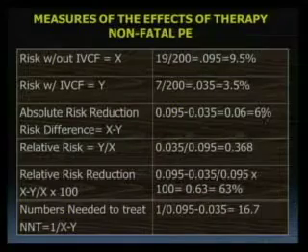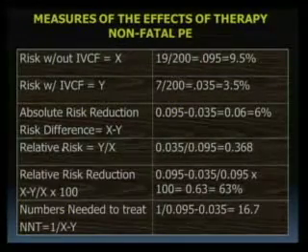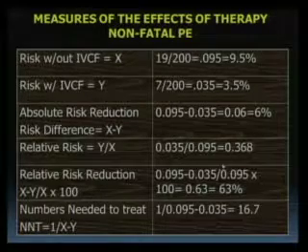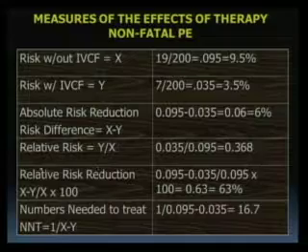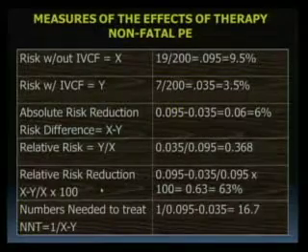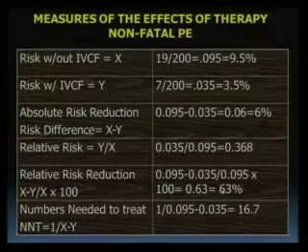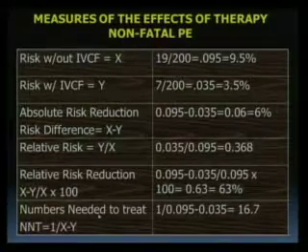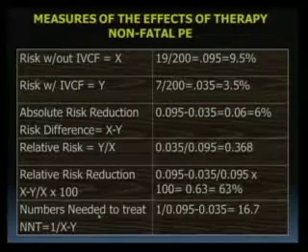The risk reduction is 6%. The relative risk is just the ratio between treatment and no treatment. You would see that the relative risk is 0.368. The relative risk reduction, meaning the risk reduction in relation to the control group, is about 63%. And then the number needed to treat is 16.7. Why do you have to look at the NNT?